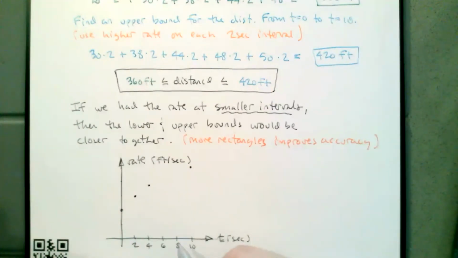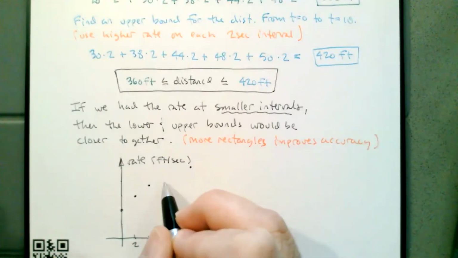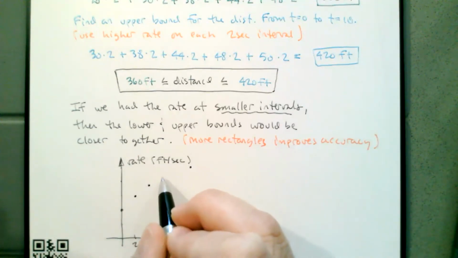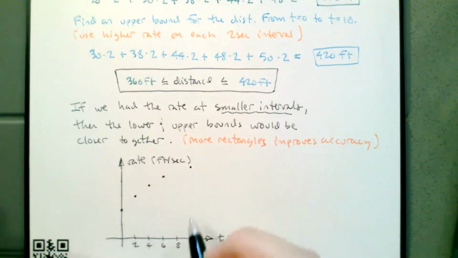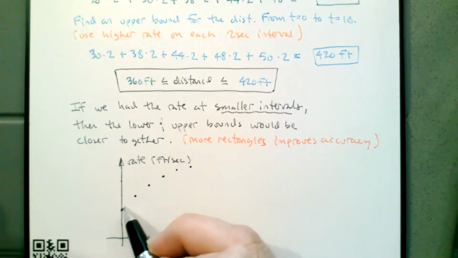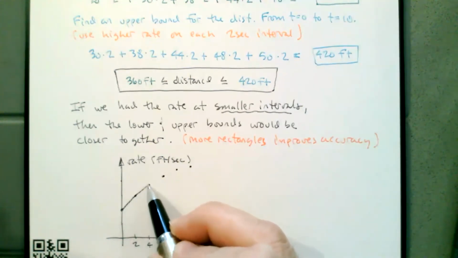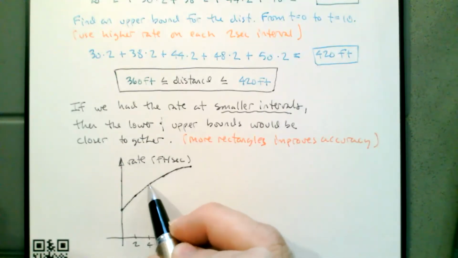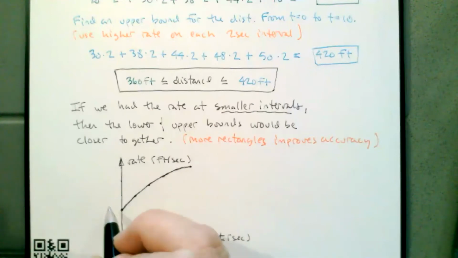At 6 seconds, we're at 44. 20, 30, 40, 50, 45, a little bit less. And then at 8 seconds, we'll be at 48. So here is what our graph might look like if I draw a smooth graph connecting all these points.